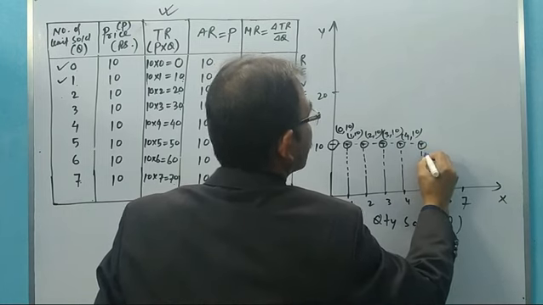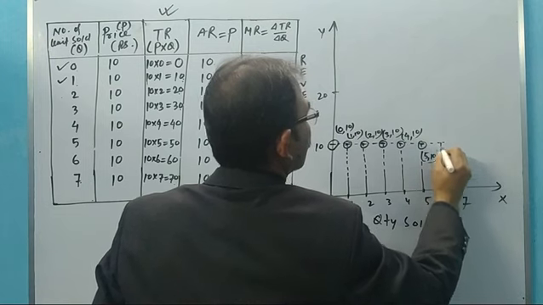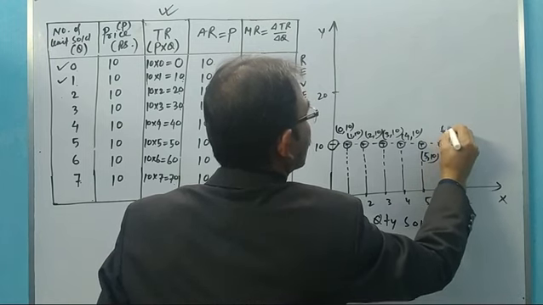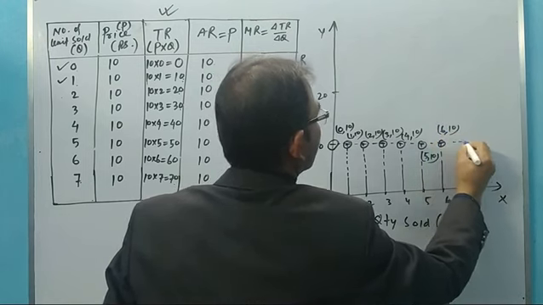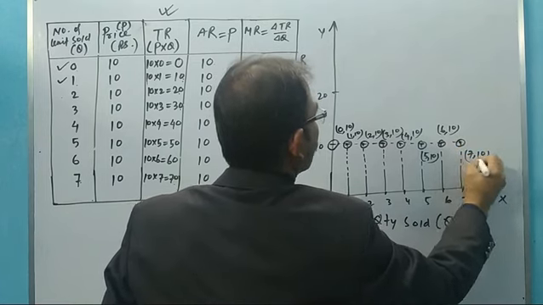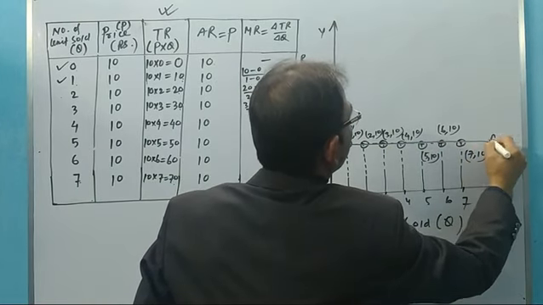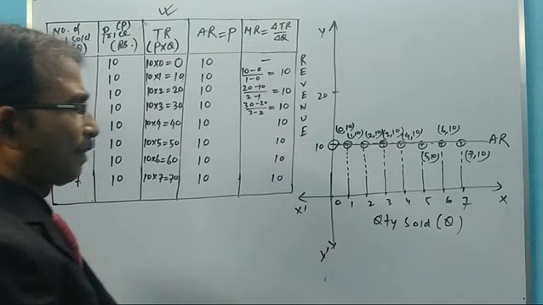For 5 units, 5, 10. For 6 units, 6, 10. For 7 units, 7, 10. So if I join the points, we can get the average revenue curve.